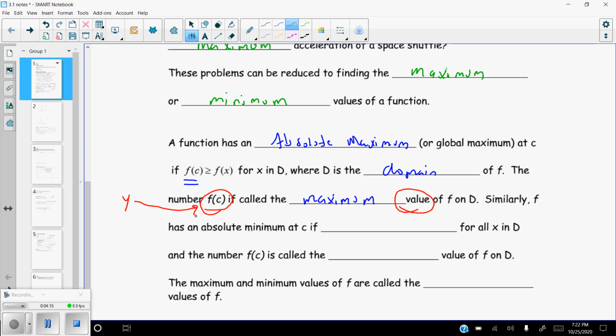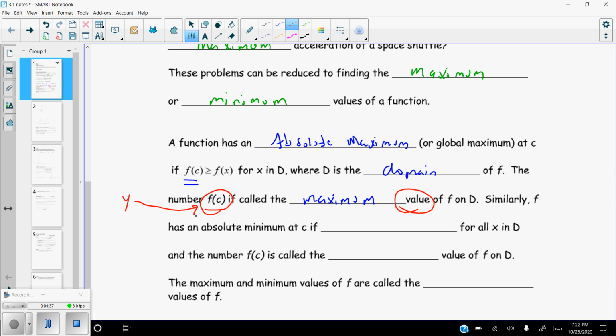So when they ask for a maximum value, they're asking for a y value of the function, not the x value. The x value, or the C value, is where it's located. It is not the actual maximum value of the function. So you want to give a y value when they ask for the maximum value of the function.